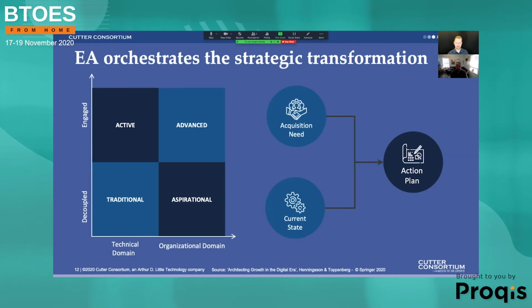But in the engaged model, you see the EA organization sitting very close to, certainly in the technical domain, the CIO, the CTO, or the chief digital officer, or even the chief data officer as well, and is thought of as a thought partner in this process. As we move over to the organizational domain, I mentioned before this idea of this advanced EA capability. That's where it's both advanced and holistic as well.